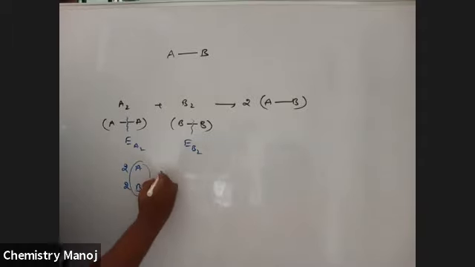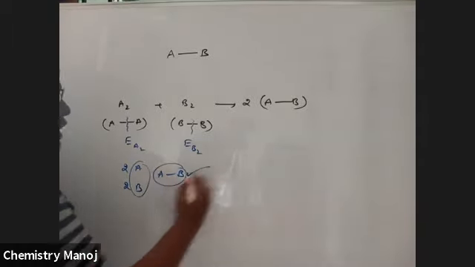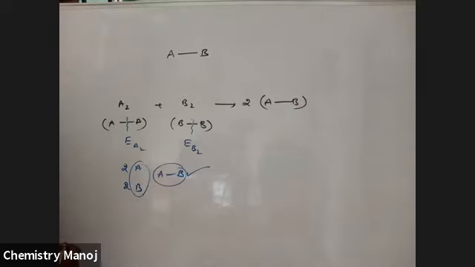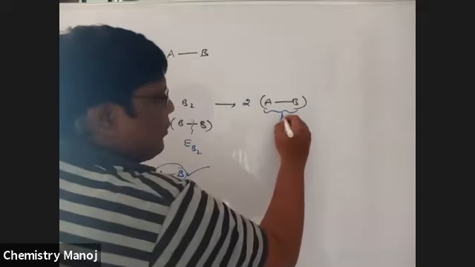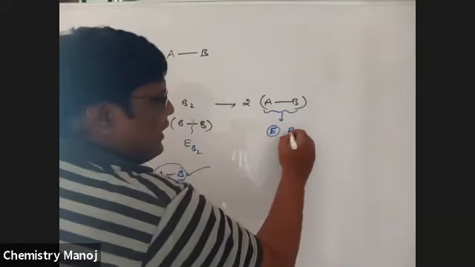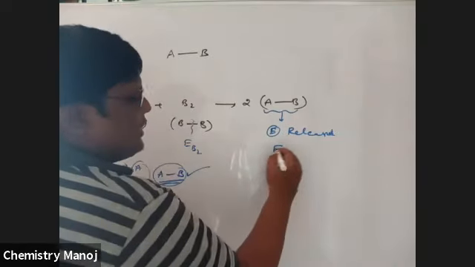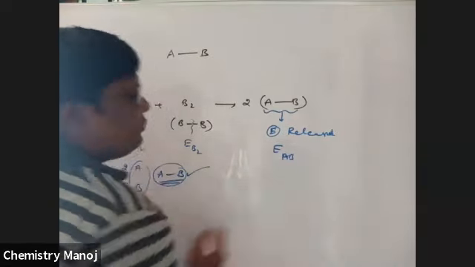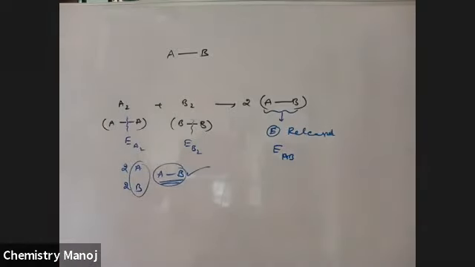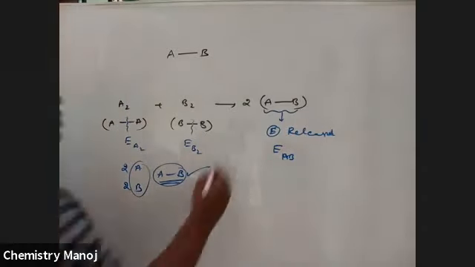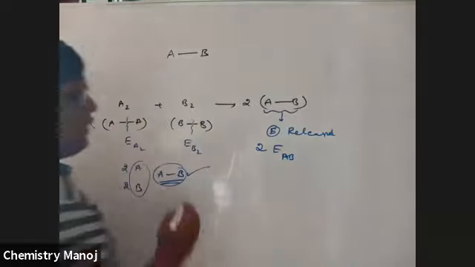Now, these A and B are combined with each other, which gives the AB molecule. So that means there is an attractive force between A and B. That means during the bond formation, some energy is released. That released energy is EAB. So see here, two moles are formed, that is 2 EAB.